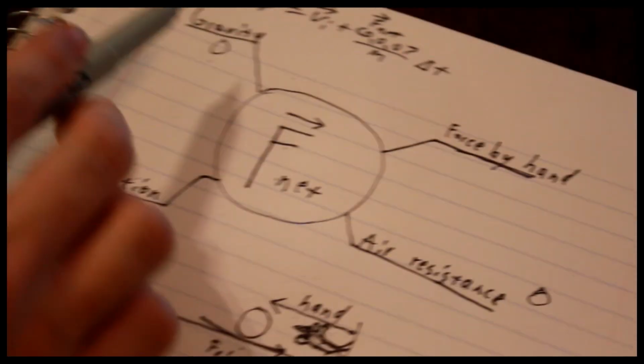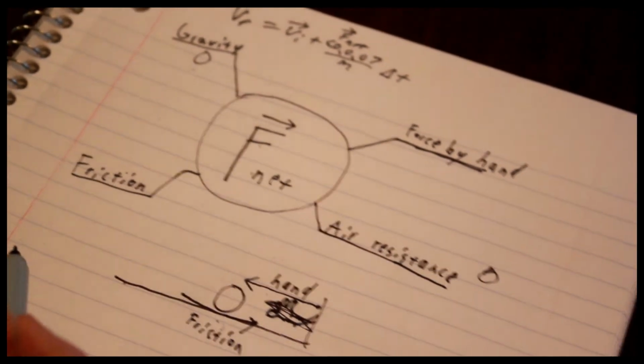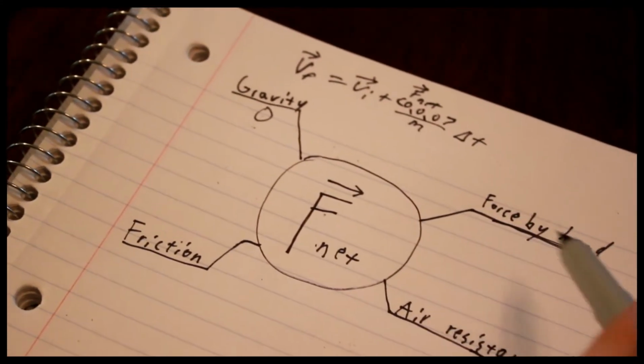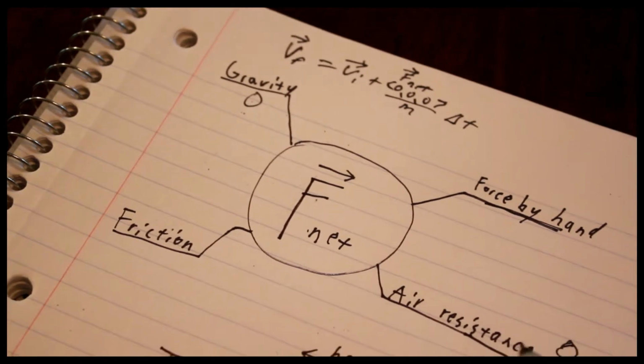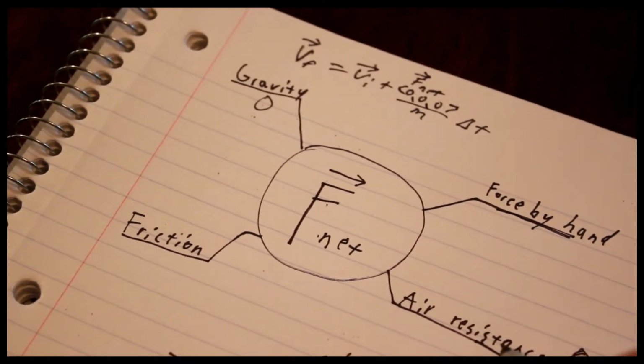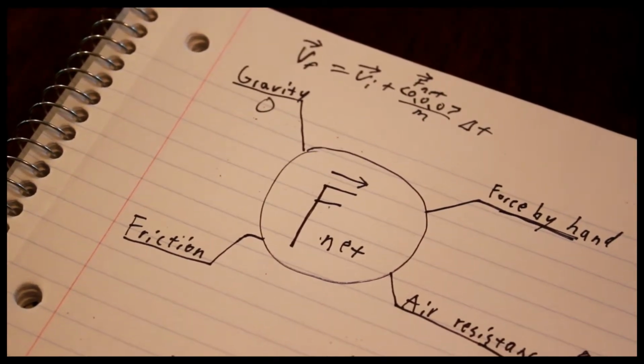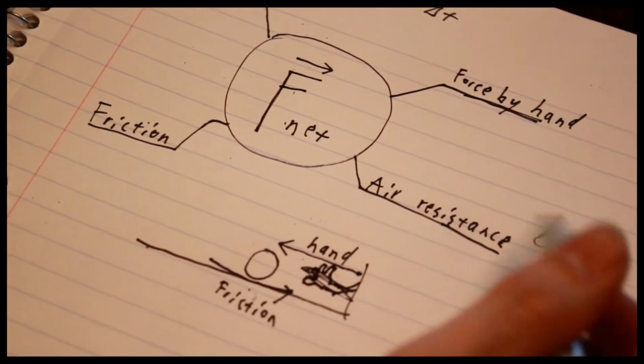Gravity doesn't really play a role because it's not moving downward, it's on the ground. And air resistance is negligible because air resistance is only applicable to high speeds for any effect.